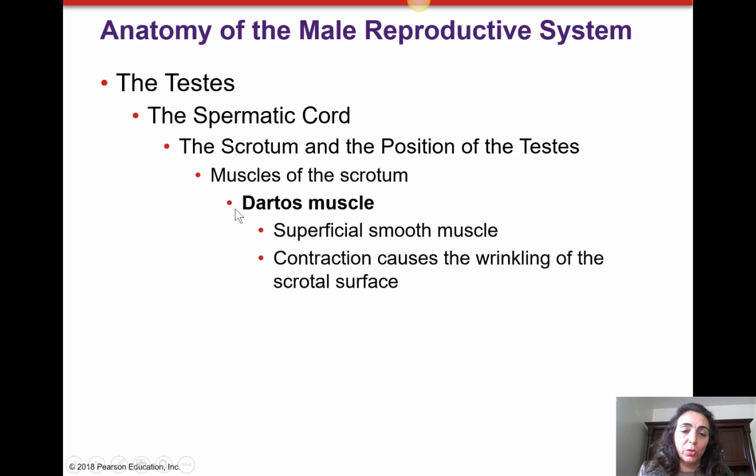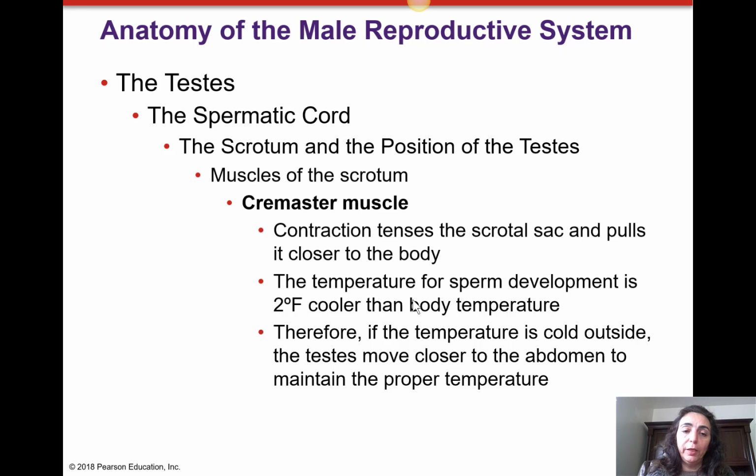So remember this. This dartos is a superficial smooth muscle, and when it contracts, it causes wrinkling of the scrotal surface. In other words, you have it all around the inside of the scrotum, and when it contracts, it makes the scrotum wrinkle, get a little bit shorter, and get closer to the body, right?